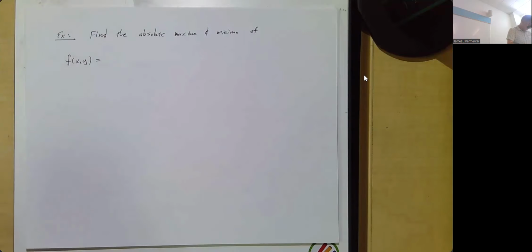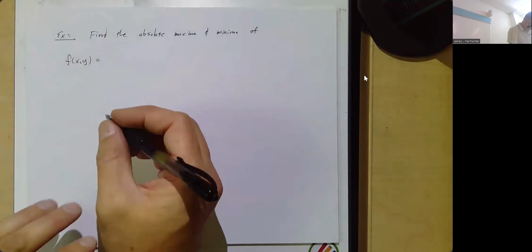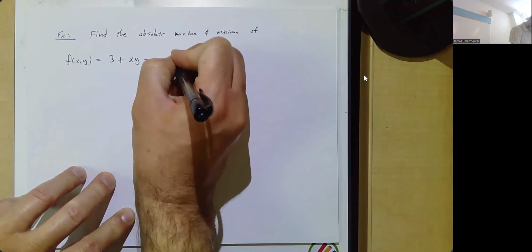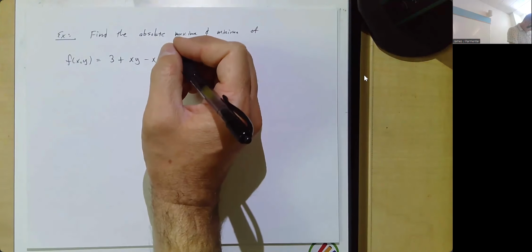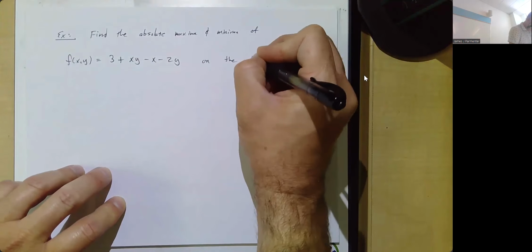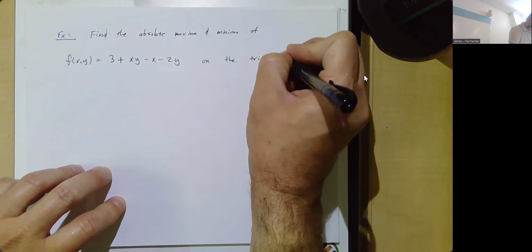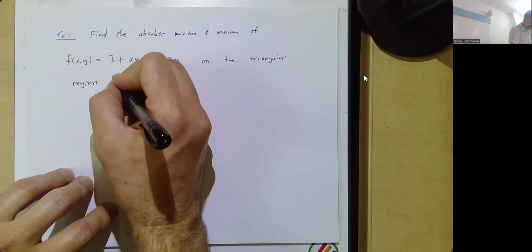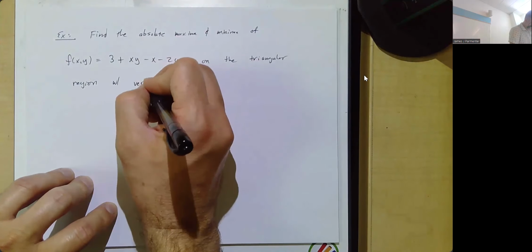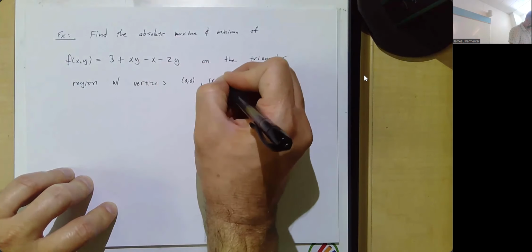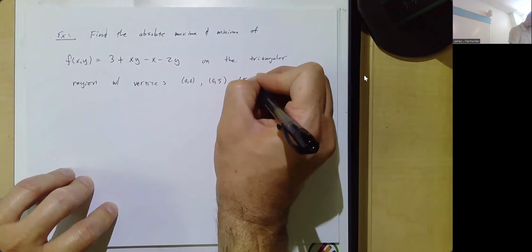Cool. All right. So let's say we want to find the absolute maximum and minimum of this function, f of x, y equal to 3 plus xy minus x minus 2y on the triangular region with vertices 0, 0, 0, 5, and 5, 0.